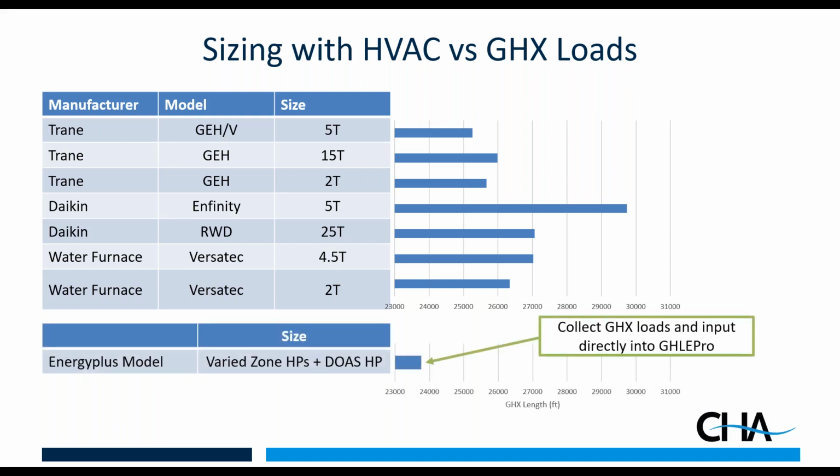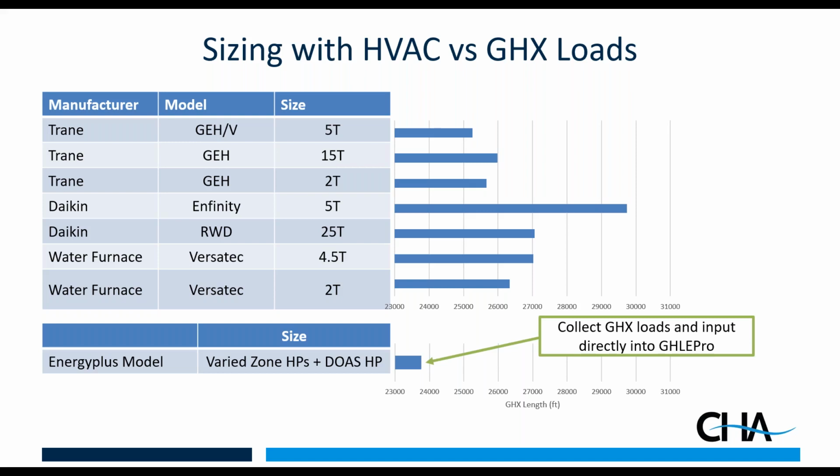Whereas if we take the condenser loads directly from our EnergyPlus model, we have zone heat pumps that are variable sizes. We have a DOAS unit that is also a heat pump, and that's a much bigger size.